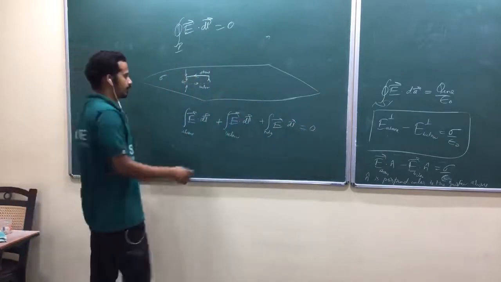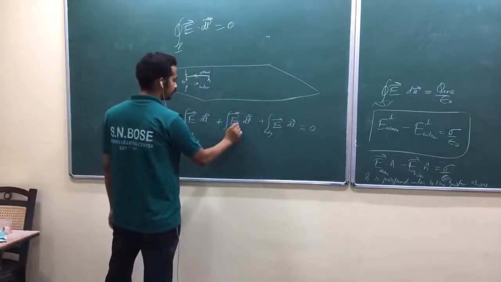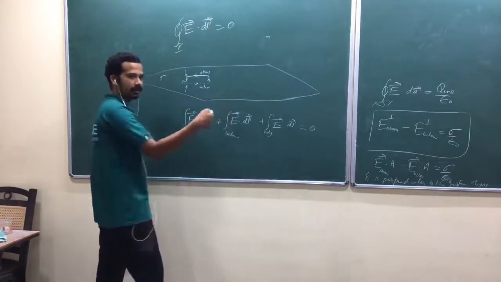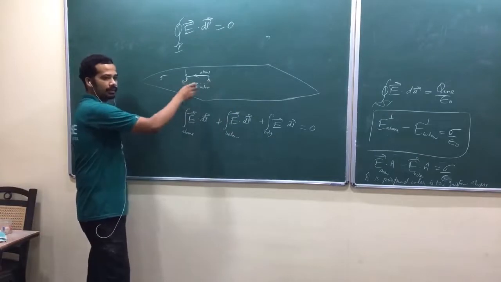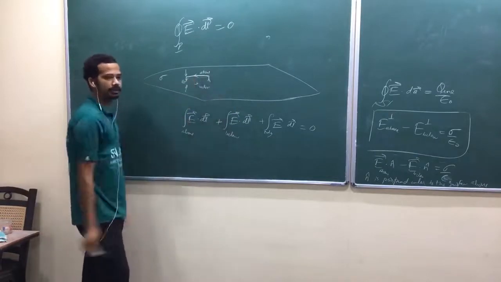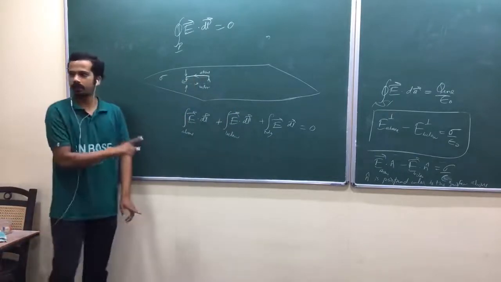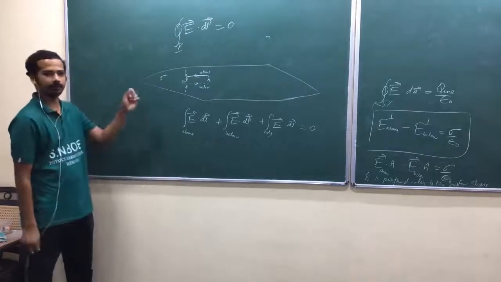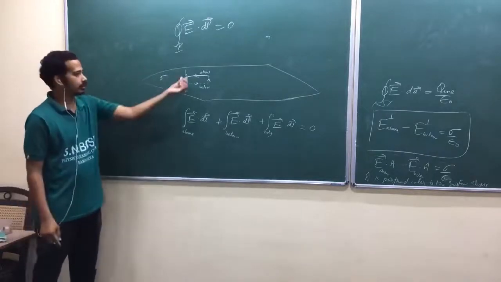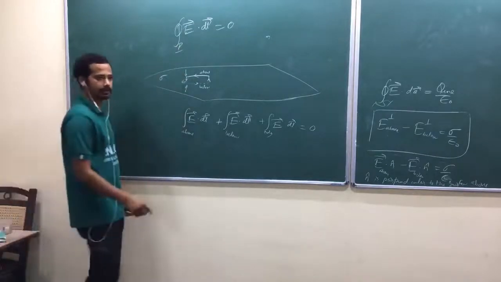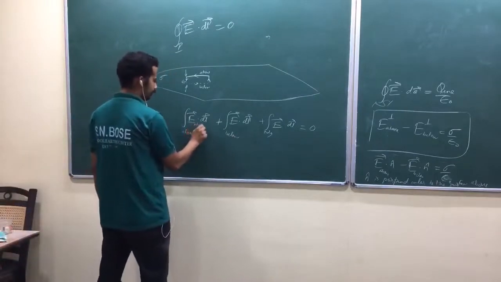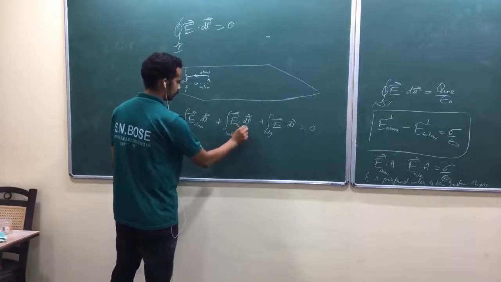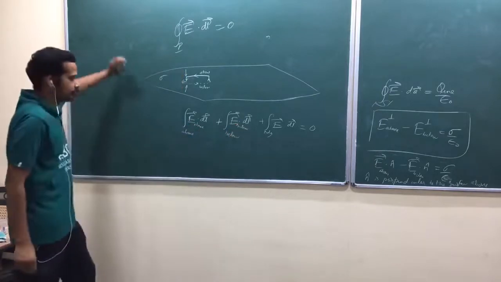While doing this, you have to take the electric field along that line. While doing this line integral, you have to take the electric field below. While doing this line integral, you have to take the electric field above. What is that dot product? That is the electric field at that point dot product with the infinitesimal line element, isn't it? So now this is above, this is below. Is that okay?